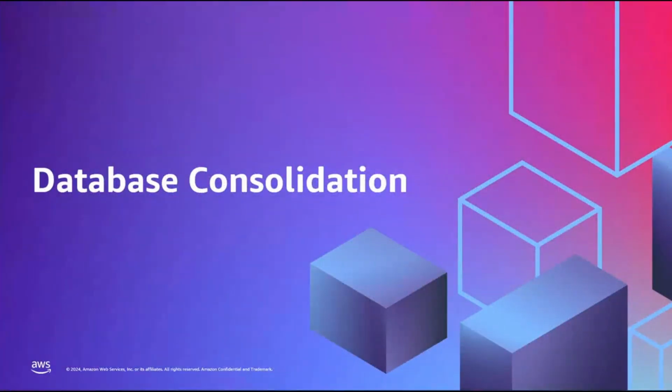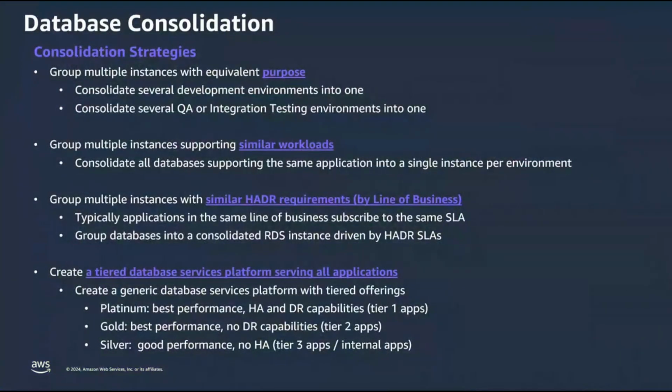Now consolidation, which is the last angle here. There are several approaches. But again, the more density you have in your instance, the better, because these are expensive instances, and we support up to 200 databases per instance in the bigger instance classes. So there are many ways you can consolidate.